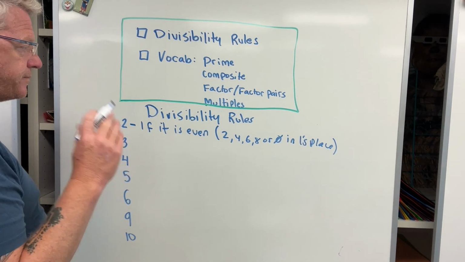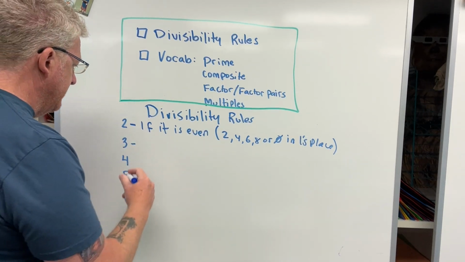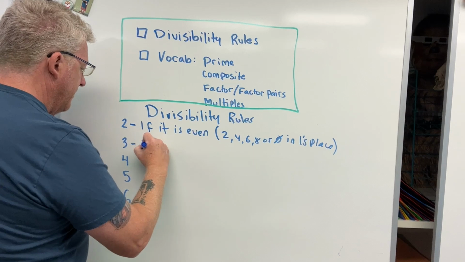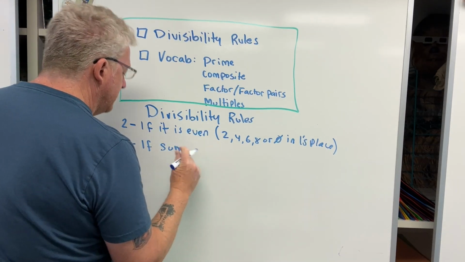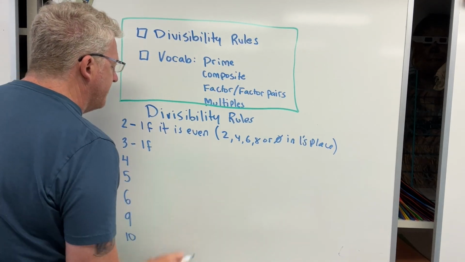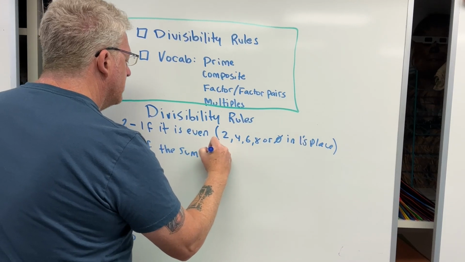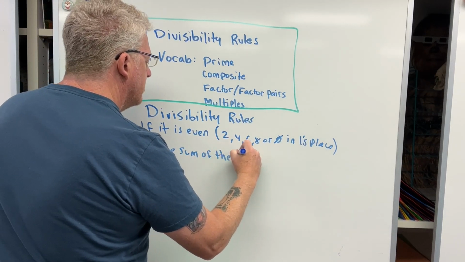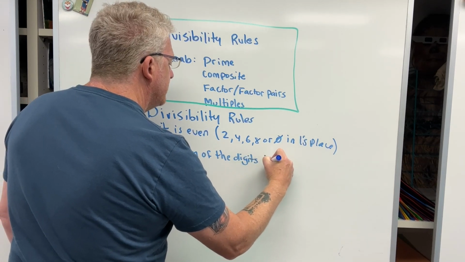The divisibility rule for 3 is if the sum of the digits is divisible by 3.